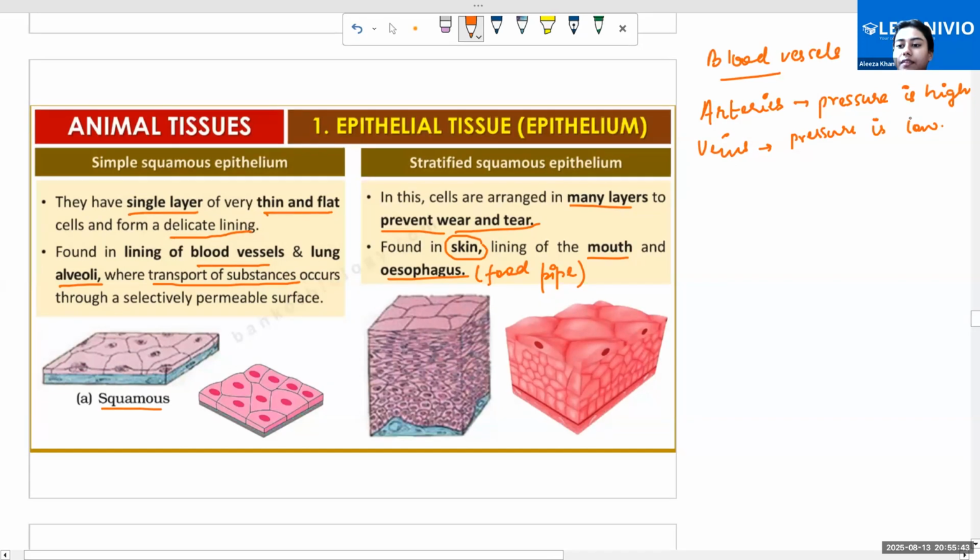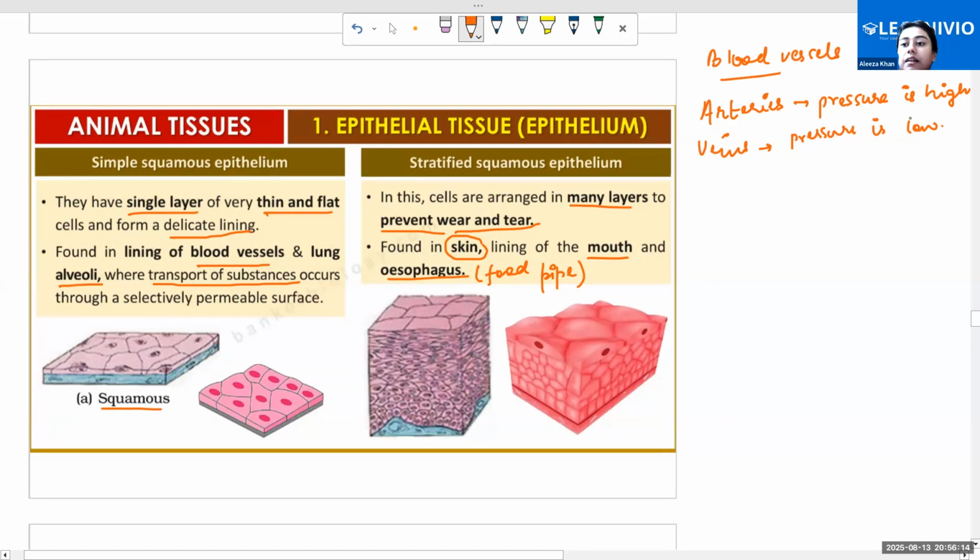Yes. See, the exceptions are: we know that arteries carry oxygenated blood. Oxygenated blood from where? From the heart to other parts of the body. Okay. So there is an exception that the pulmonary vein carries oxygenated blood, whereas the pulmonary artery carries deoxygenated blood.